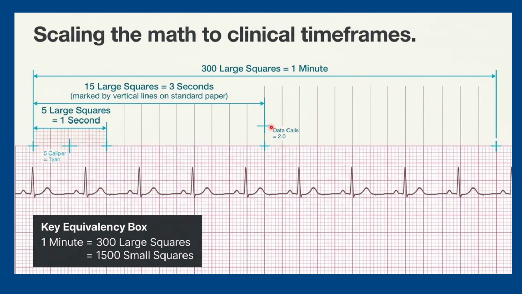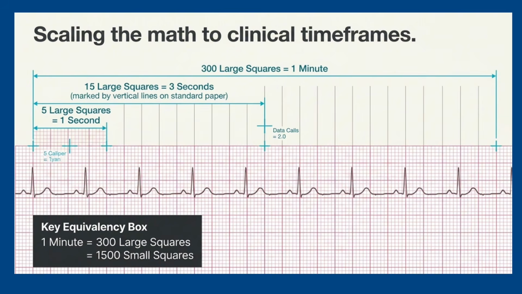And if 1 second equals 5 large squares, this means that 60 seconds, or 1 minute, equals 300 large squares. And we know that each large square has 5 small squares. So 1 minute equals 300 large squares or 1500 small squares. This is important in calculation of the heart rate.